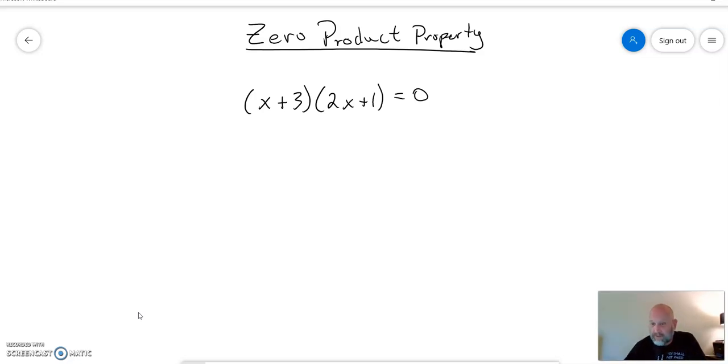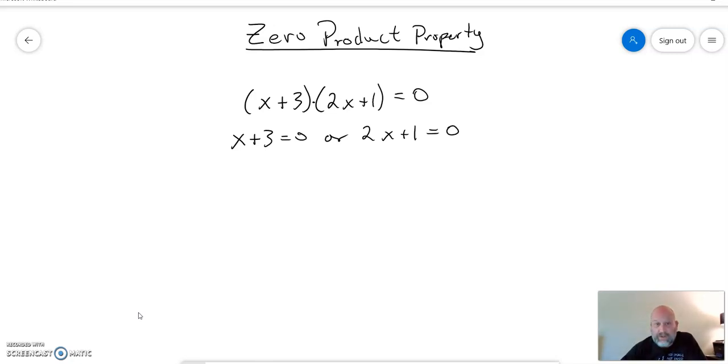You have to have a 0 on one side for this to work. But this is still two quantities being multiplied by each other, and I'm getting a product of 0, which means that one of those two quantities has to be equal to a 0 for this to be a true statement. So that means that either x plus 3 equals 0 or 2x plus 1 equals 0.